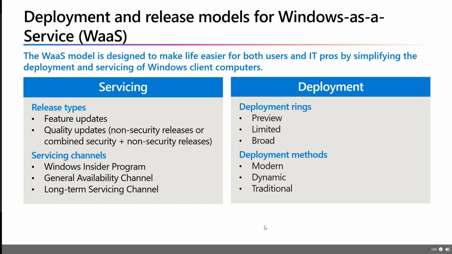So subscription activation, Entra ID activation, so joining it to Entra ID, automatic mobile device management enrollment, things like that, or provisioning a package for configuration. And then there's also the traditional deployment method, which uses existing tools to deploy operating system images, like a new computer or a computer refresh or replace scenario.